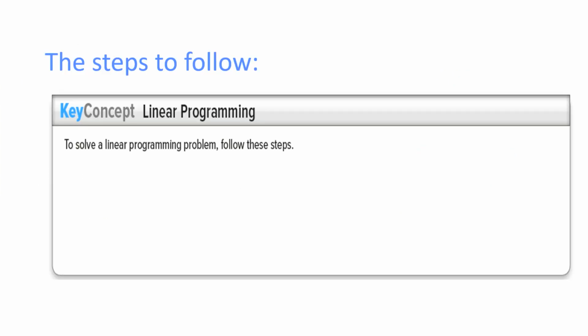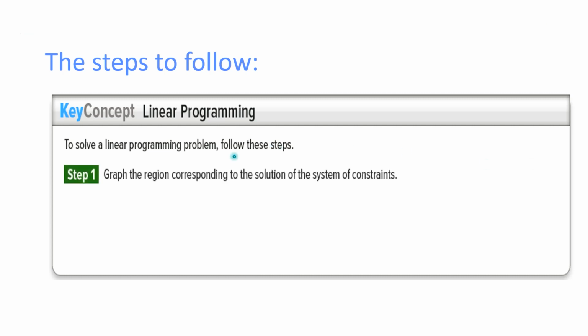Now, when we want to solve a linear programming problem, there are certain steps that we should follow. So the first step is graph the region corresponding to the solution of the system of constraints, which basically means to graph the system of linear inequalities. Then you find the coordinates of the vertices of the region formed.